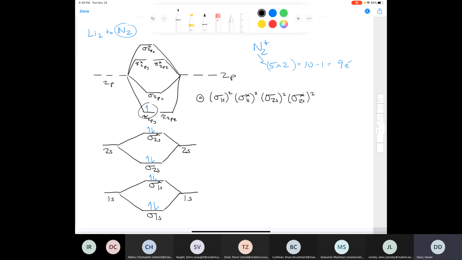Oh, sorry, I did the wrong number of electrons here. I forgot about the core electrons. So it's 9 valence electrons for my nitrogen, but I left out the core electrons.